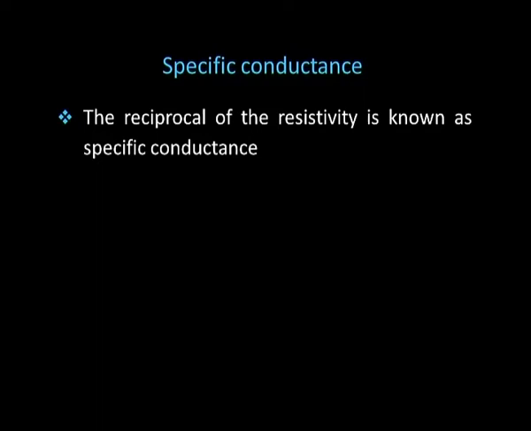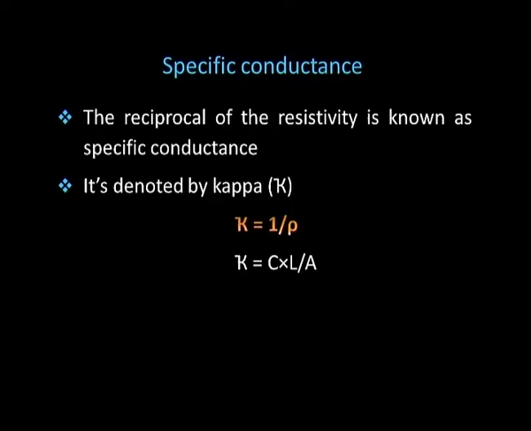Another term which we are going to use is specific conductance. The reciprocal of the resistivity is known as specific conductance. It is denoted by kappa, which is equal to 1 by rho, which means we can also write it as kappa is equal to C multiplied by L by A. Again we can write it as 1 by R, because we know that conductivity is opposite of resistivity.